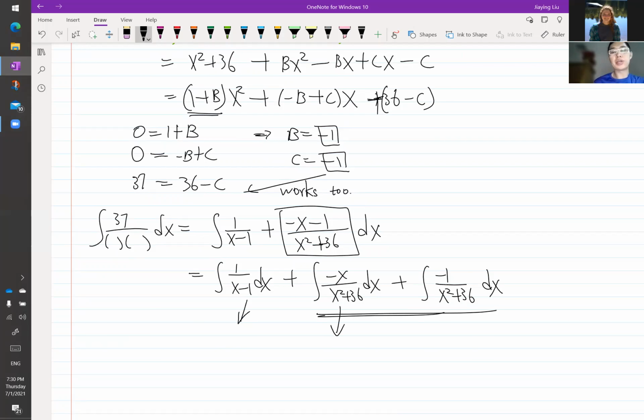This one, I think it's okay if you use u-substitution. I don't think it's really that difficult because you get an x in the numerator, right? And the last integral, I don't think is too bad, given that we just talked about one example earlier, because the denominator looks like x squared plus 6 squared, you can use u-substitution.